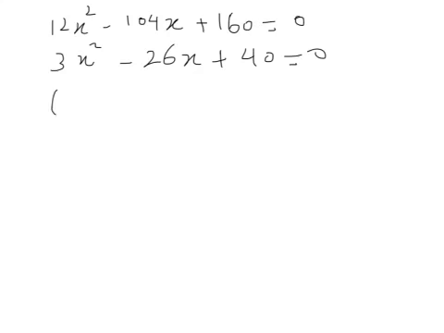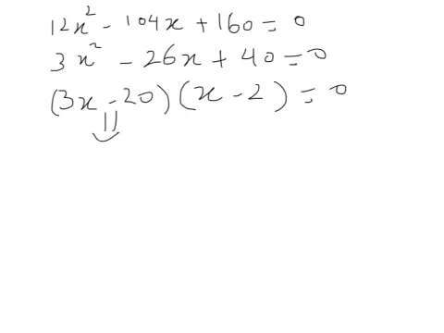Factorizing this, whichever method you like, you will end up with something of the form 3x minus 20 times x minus 2, put equal to 0. Again, as discussed before, when two brackets multiplied together give you 0 at the end, one of them must equal 0.